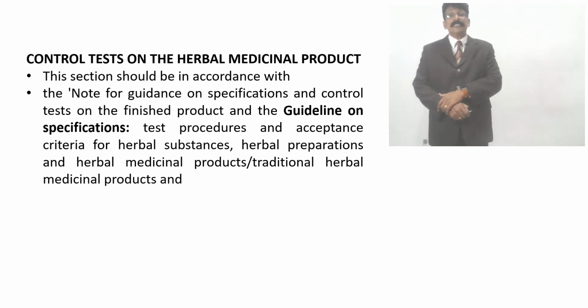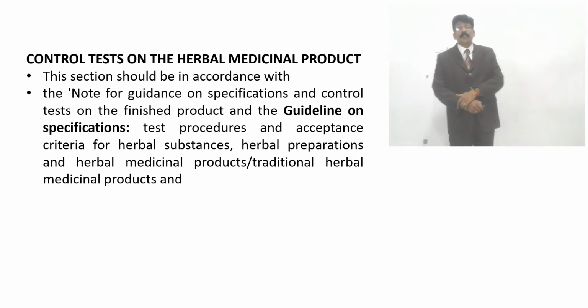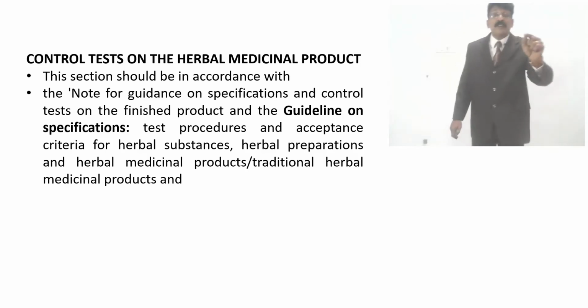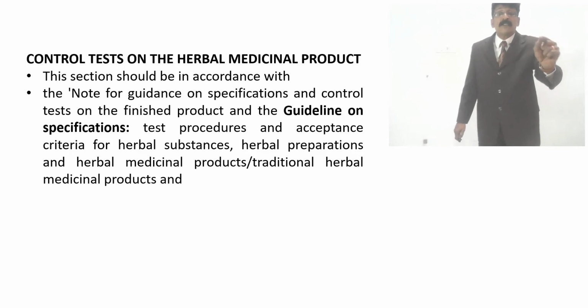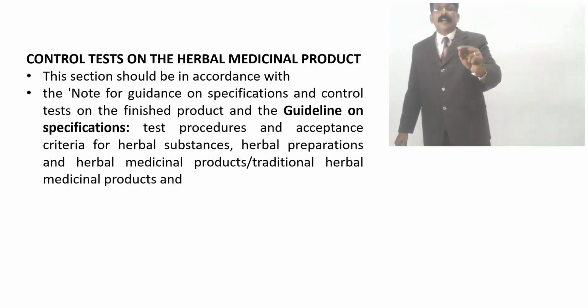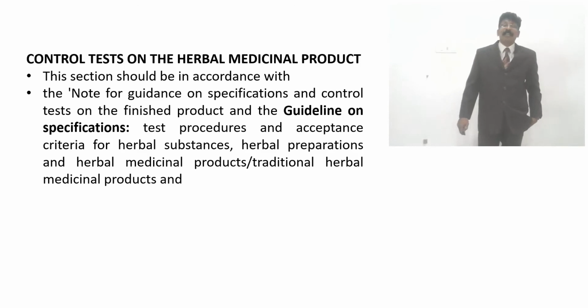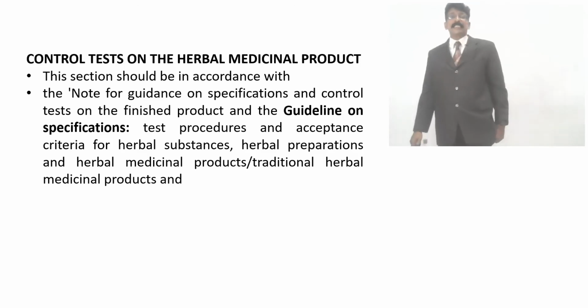This section should be in accordance with the note for guidance on specification and control tests of the finished product, and the guidelines on the specification, test procedure and acceptance criteria for herbal substance, herbal preparation and herbal medicinal products and traditional herbal medicinal products.